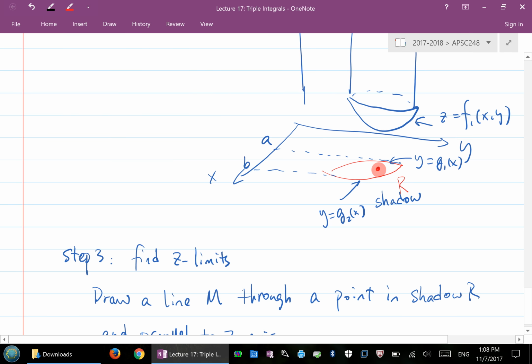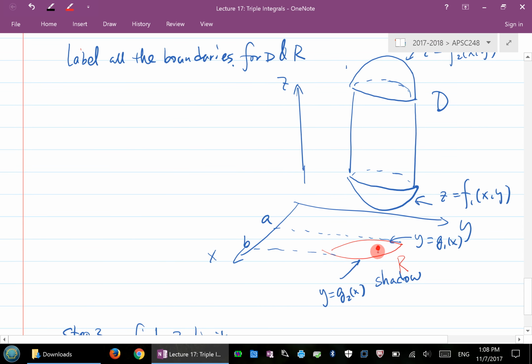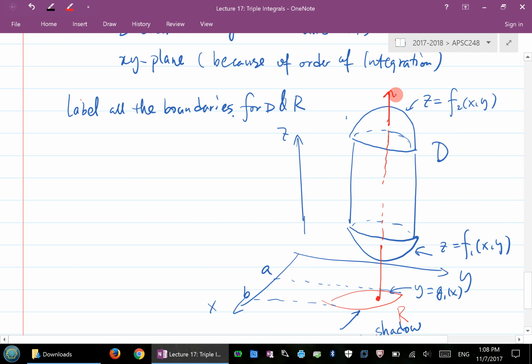So let's say I found a point inside the region R right here. Then we're going to draw a line, go up. It's going to bump into this region D, and then it keeps going up, and it'll come out of the region D. So that's the line M we're talking about.